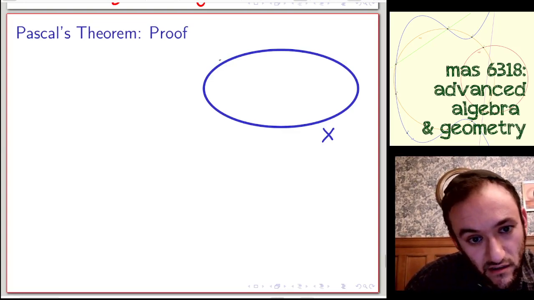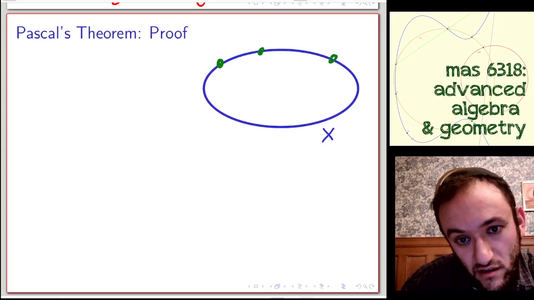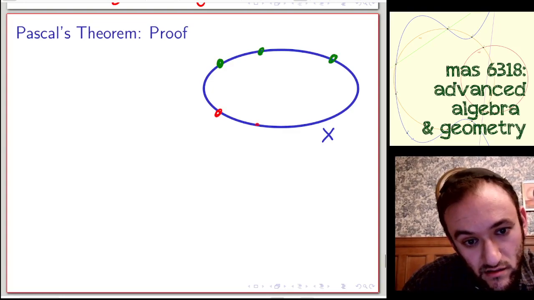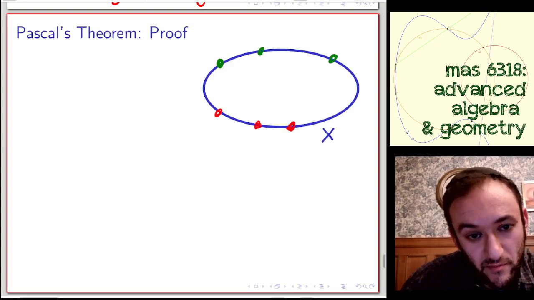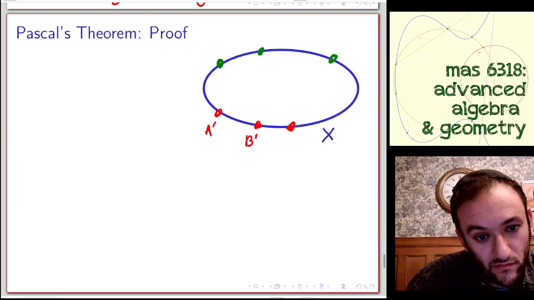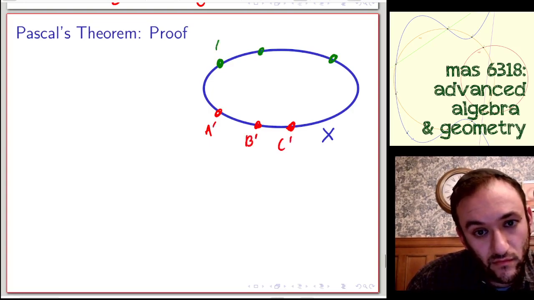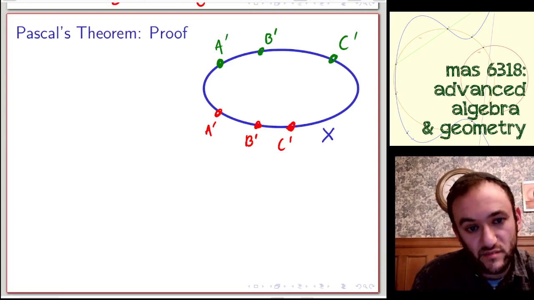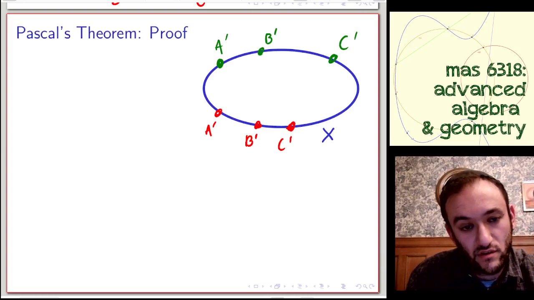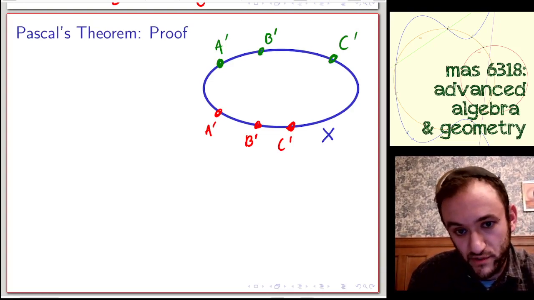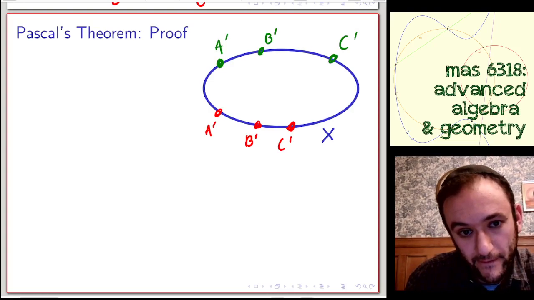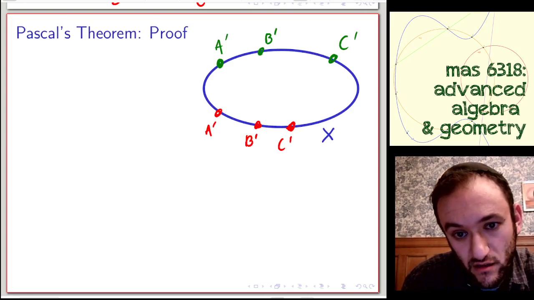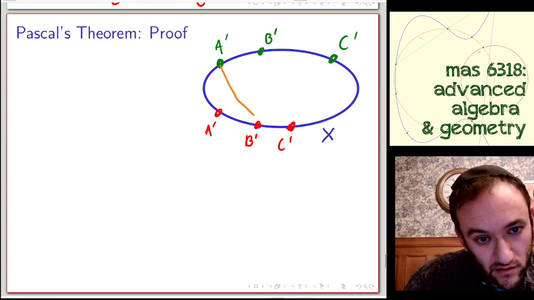So we'll take A, B, C, and A prime, B prime, C prime. Now we're going to split up our lines into two groups.